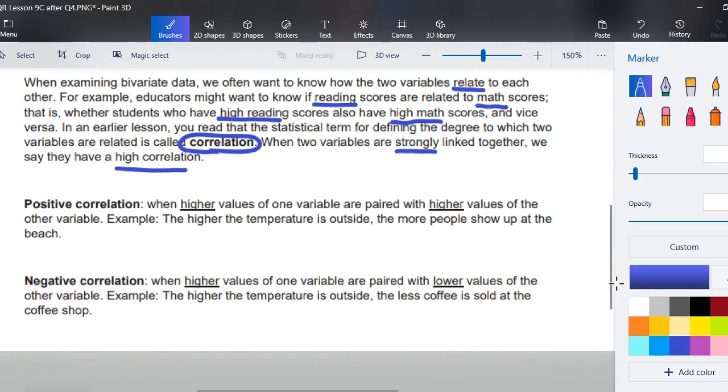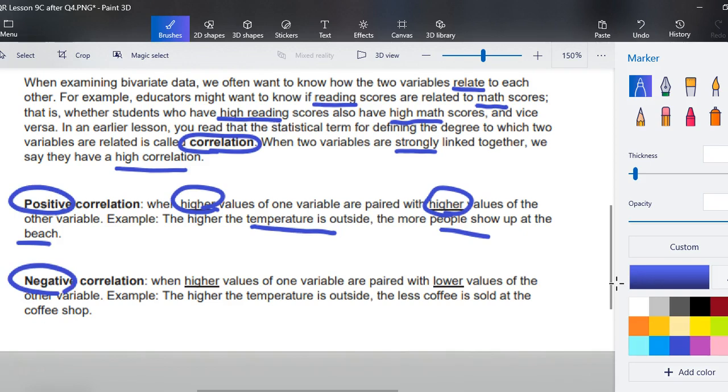When higher values of one variable are paired with higher values of another, in other words, the higher the temperature is outside, the more that people show up at the beach, there is a positive correlation. Negative is when higher values of one variable are paired with lower values of another, like when the higher the temperature is outside, the less coffee is going to be sold at a coffee shop.